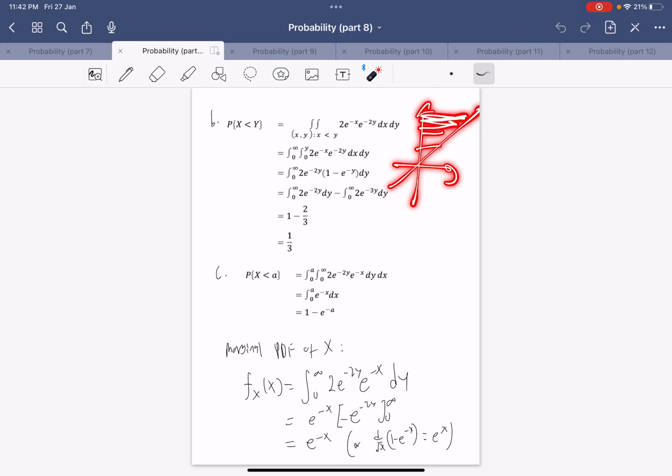And so what you want to do is integrate with respect to x from 0 to y, and then with respect to y from 0 to infinity. This portion is testing your ability to understand multivariable calculus, and once you get that, all this integration with two variables will become very simple.